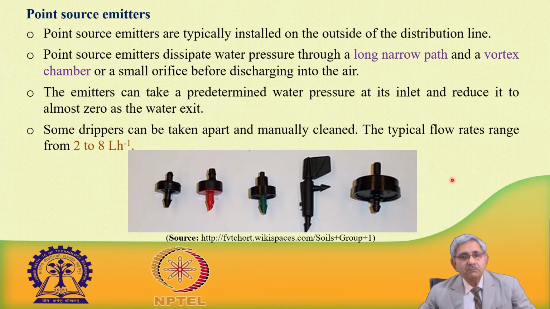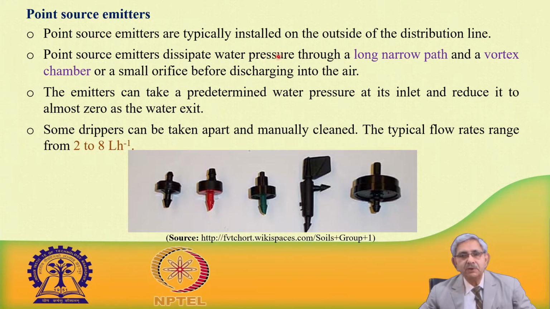Under this category of non pressure compensating drippers, these could be point source type drippers. They are typically installed on the outside of the distribution line.